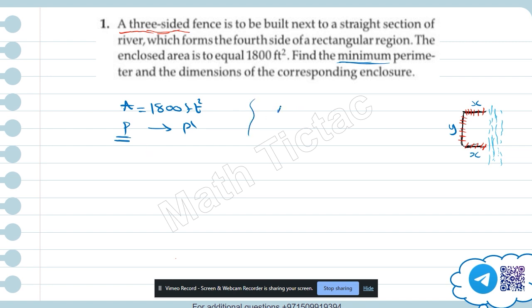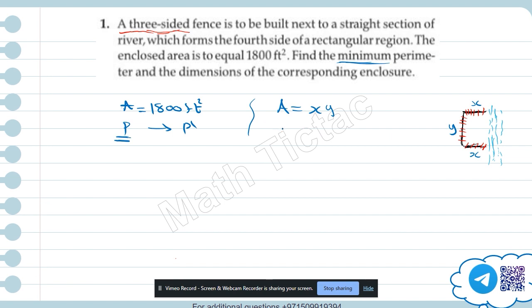Starting with the given: area is equal to x times y. For this given relation, I would use it for substituting in the second relation, which I need to minimize or maximize, which here is the perimeter.